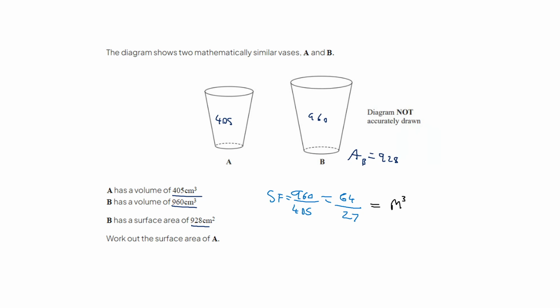So I'll call this the scale factor, but for meters, is equal to the cube root of 64 over 27, which is just equal to 4 over 3.